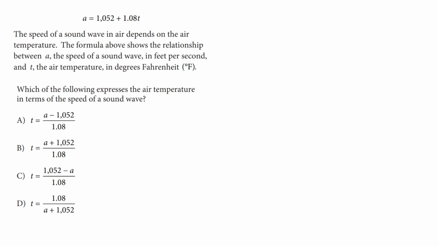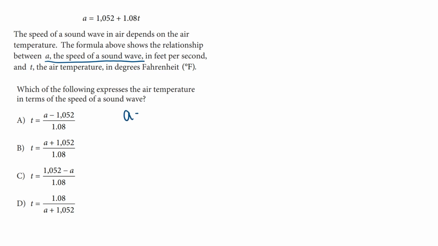Well, they just told us that A represents the speed of a sound wave in feet per second. We want to represent this expression in terms of A, meaning A should be on the right side of our equal sign. So we basically need to flip our variables.